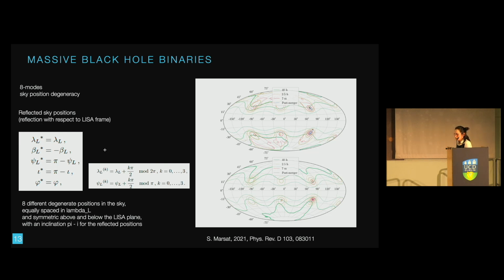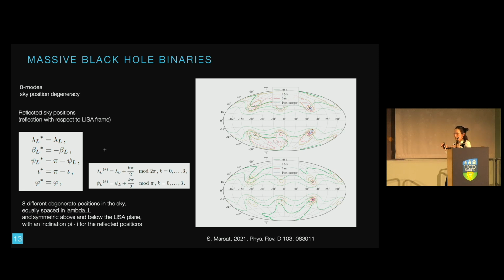One of the recent papers has studied the structure of the physical parameter space of the massive black hole binaries, and there is the paper from Sylvain Marsat, and he discusses that you can theoretically show that there will be a degeneracy in the sky position, and there will be 8 modes in these sky position degeneracies.